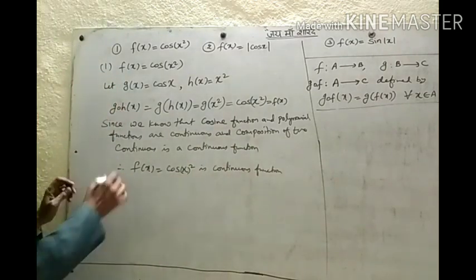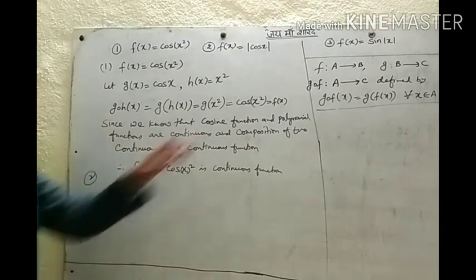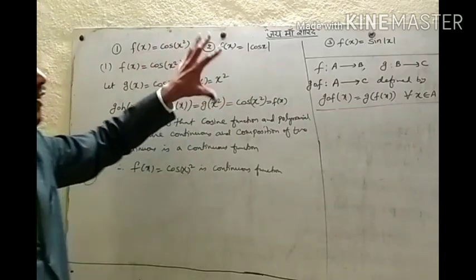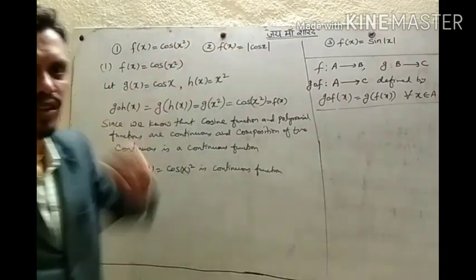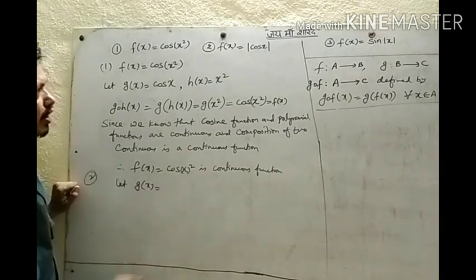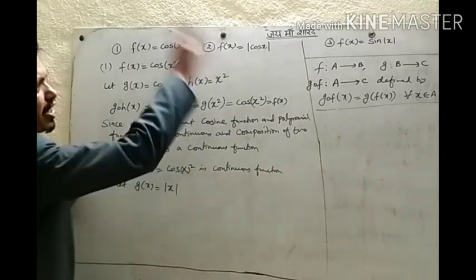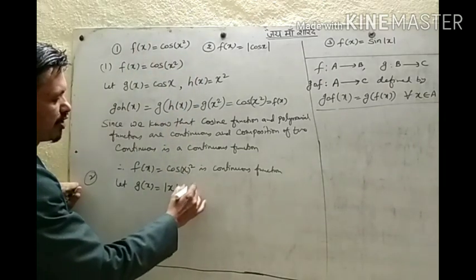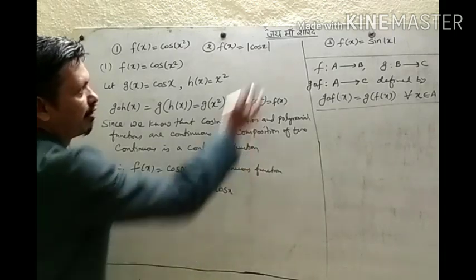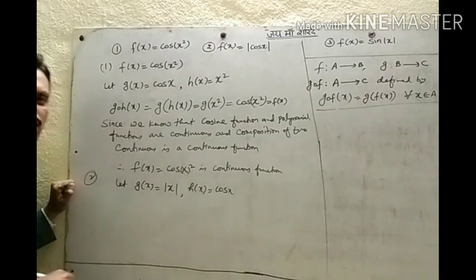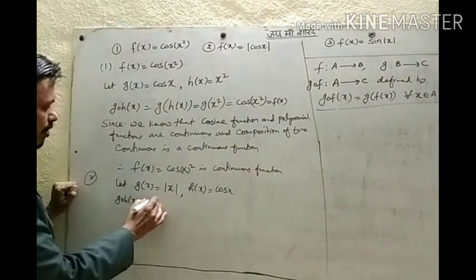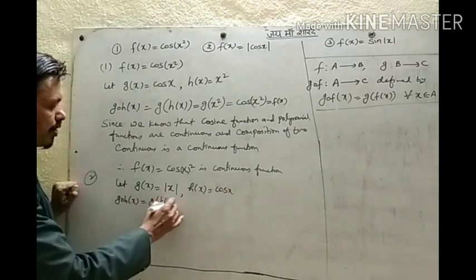In the same way we can see the second question, f of x equal to mod of cos x. This function starts with mod, so we can assume g of x is mod x, and h of x is cos x, the inside function. Now if you find the composition, it is g of h of x.